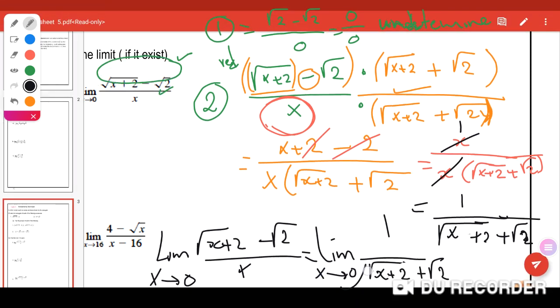Then replace. As I told you, the first step, substitute. If you get 0 over 0, I need to redefine the function. Since we have a square root of any variable, in this case we use the rationalizing technique. Okay, as you see here.